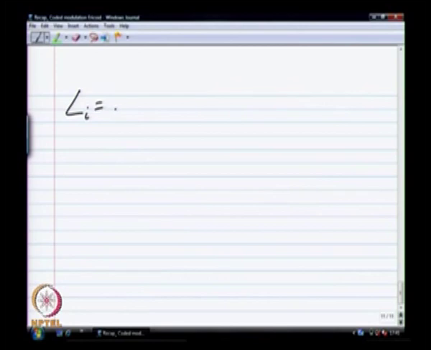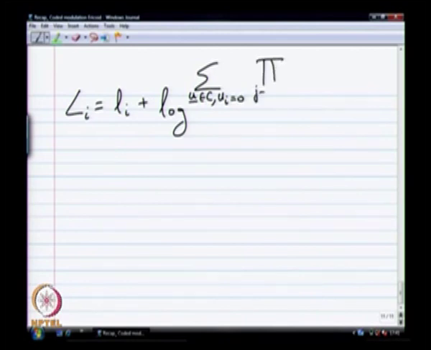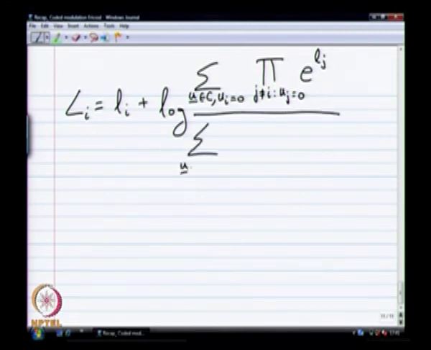You can show that this will be the same as Li plus log, summation over u in C such that ui is 0 and product over j not equal to i such that uj is 0, e power Lj, divided by summation over u in C, ui is 1, product over j, uj is 0, e power Lj. Here I have just pulled out the Li.